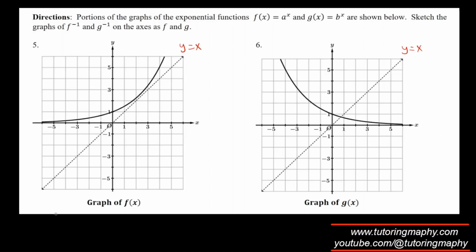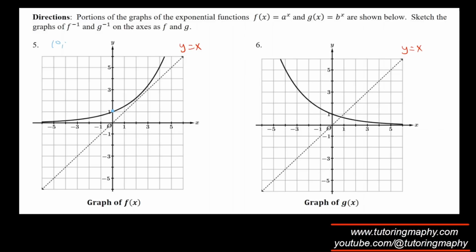But anyway, a good way to graph the inverse from its function is to take some points and swap the x and y, because that's what we do with domain and range. For example, I don't really see any nice grid intersection except 0 comma 1.